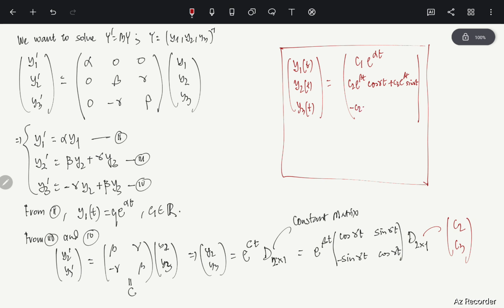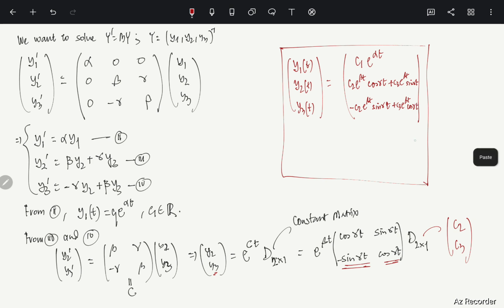Minus c2 e to the power beta t sine gamma t, because y3 is nothing but c2 times this, plus c3 times e to the power beta t cosine gamma t. So you see we have the whole expression.